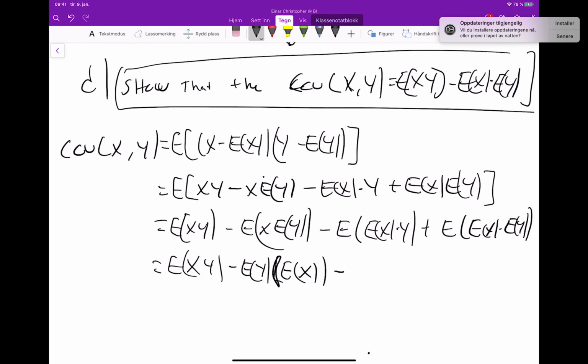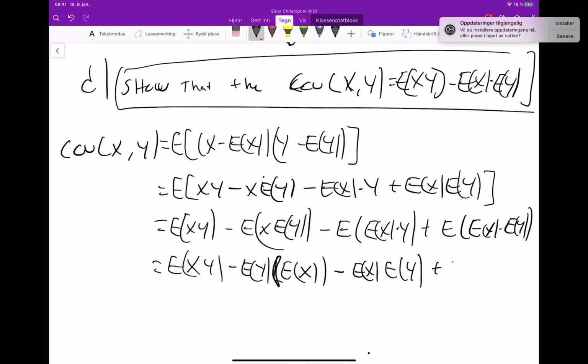Minus, and here I can put expectation of x outside the expectation, and that is left with y, plus, and here we just have the expectation of a constant, because the expectation of x is a constant, expectation of y is a constant, and a constant times a constant is a constant, and the expectation of this constant is a constant.